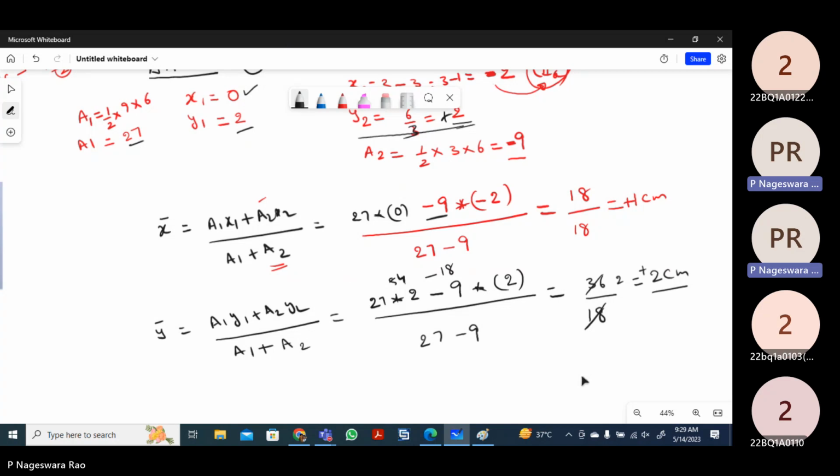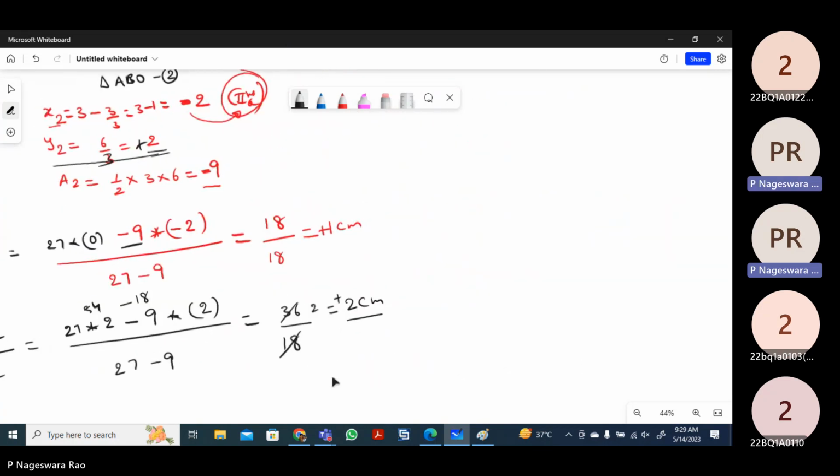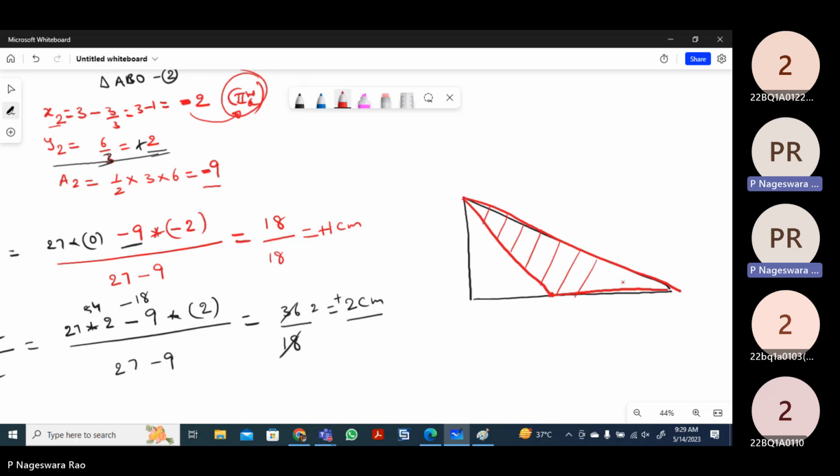That means finally for this case, we are taking this triangular case. This is the origin here. For this red colored region, we calculate the centroid.